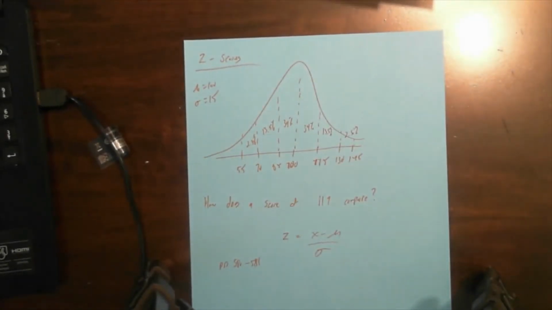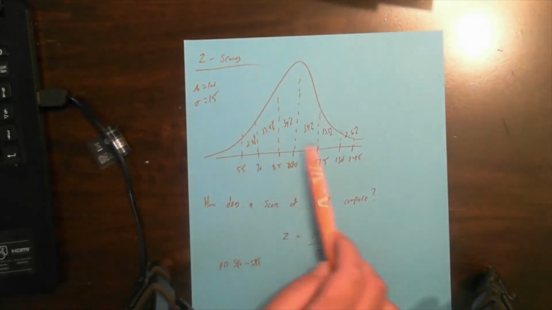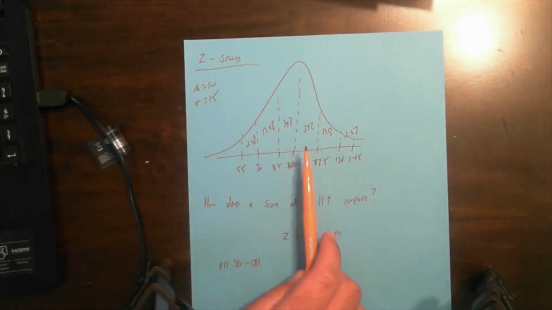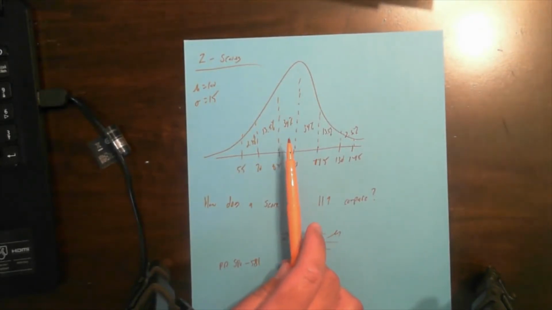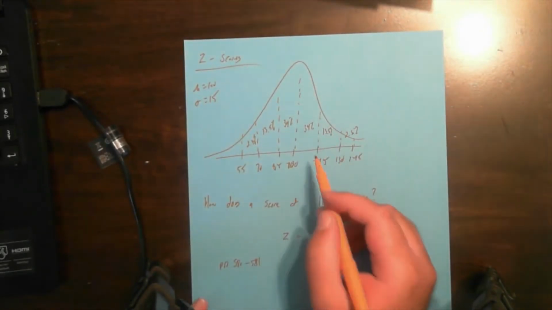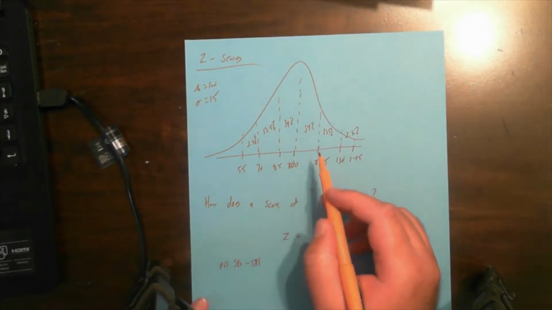Okay, so now we're going to talk about z-scores. In the previous section we introduced the normal distribution and we talked about these percentages that lie within certain intervals in the normal distribution. And this is all fine and dandy, but what if the value that you're looking at is in between these intervals?